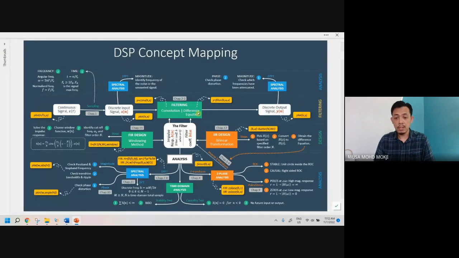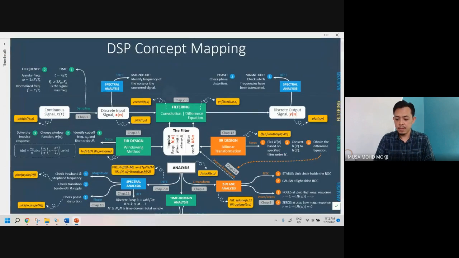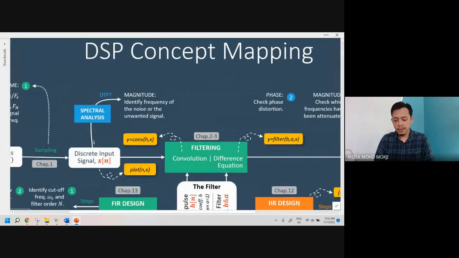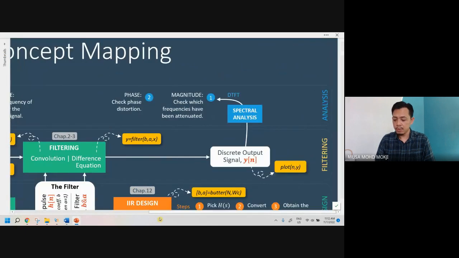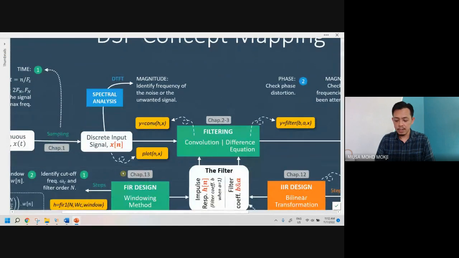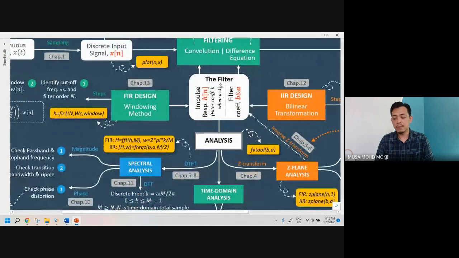If you read on this slide, we have an input, and we do analysis on the input. We also do spectral analysis on the output, and we do spectral analysis on the filter. So we have the input, the output, and then the filter, and we have a very specific reason why we do Fourier transform on each of the components.